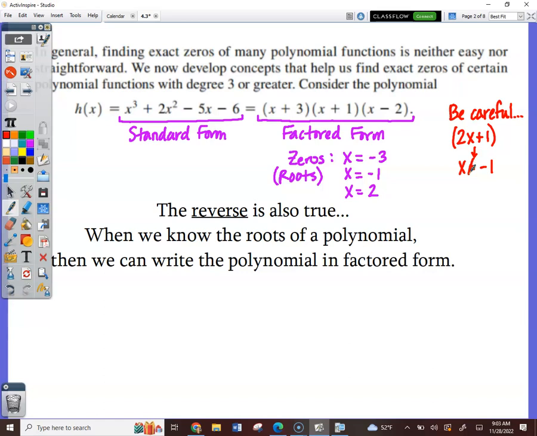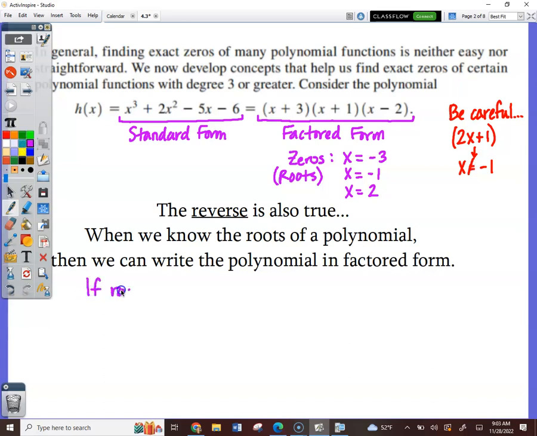Okay, so the concept here is, y'all already know that if I have a polynomial in factored form, I can state the zeros. You already know how to do that. That was 4.1. We're going to reverse it. Imagine the song. Reverse, reverse.